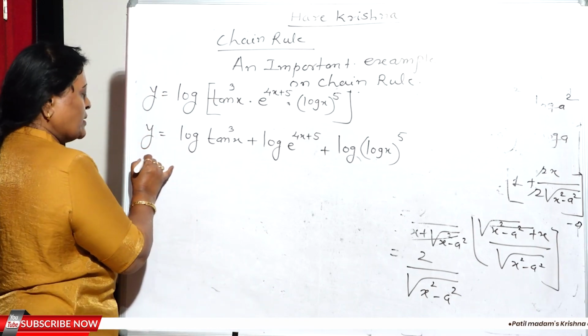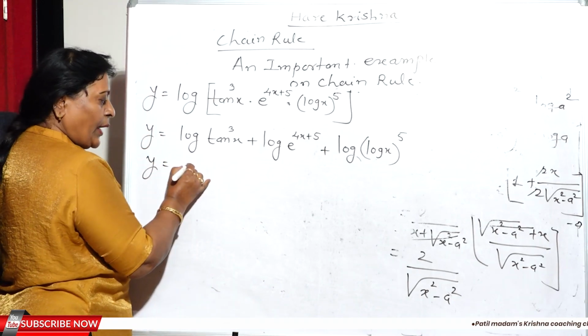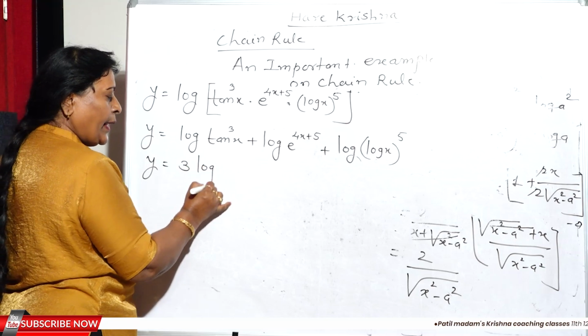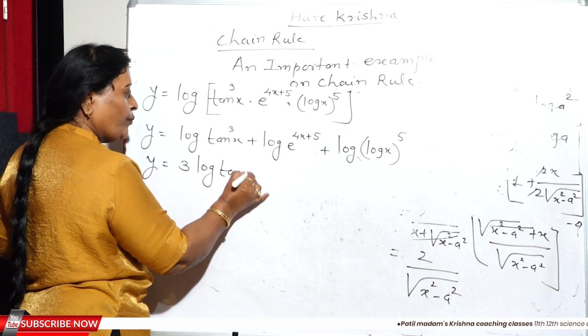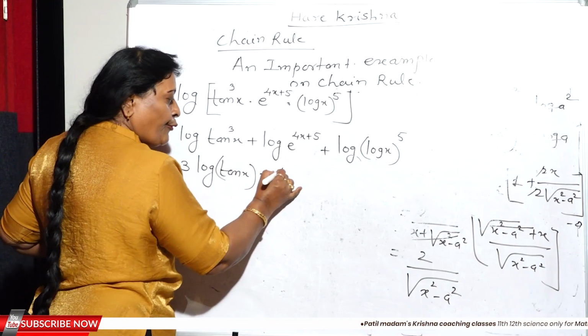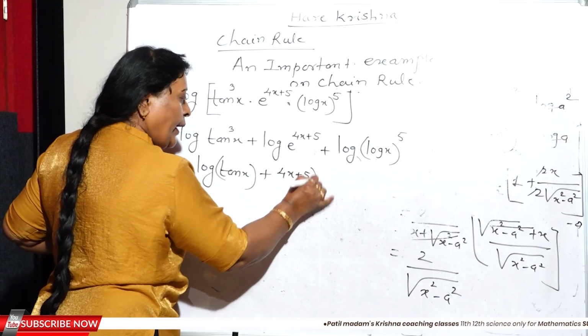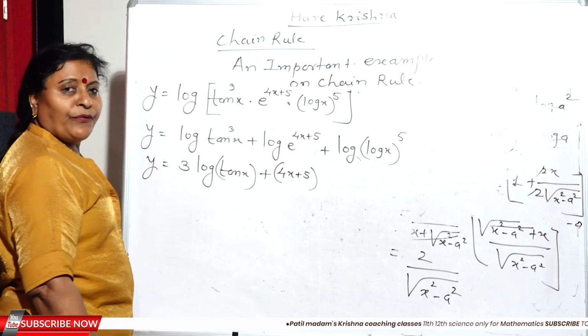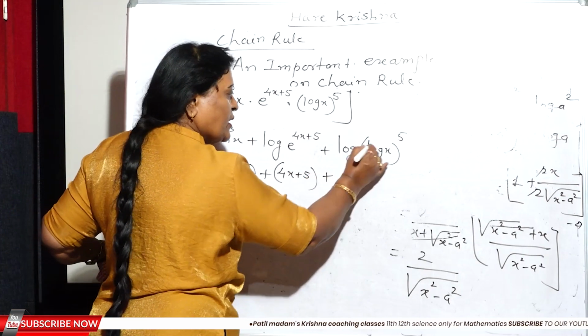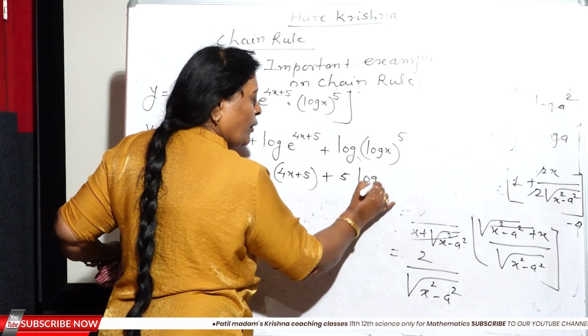Again in the same way here, this 3 you can multiply here, 3 log of tan x, again 4x plus 5 into log e, but what is the value of log e? That is equal to 1. Again this 5 multiplied here, 5 log of log x.